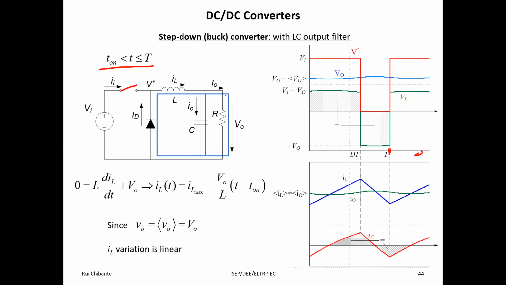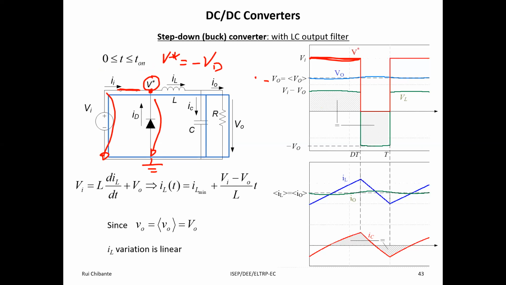Current comes from the load, diode, inductor, but in this node current splits. Part goes to the load, part goes to the capacitor, and there are two loops here. But in this second stage, the important thing is to understand that if the diode is conducting, this voltage here is 0 if it is an ideal diode. So this asterisk voltage in the second stage is 0.